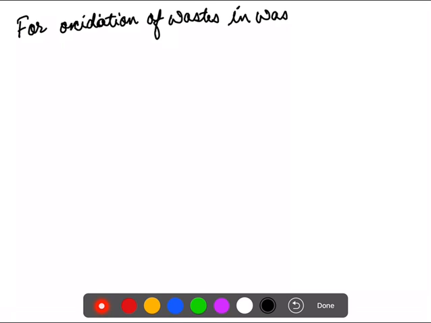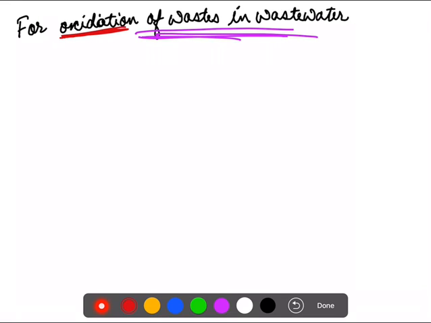Let me write again. For oxidation of waste in wastewater, see the word oxidation.